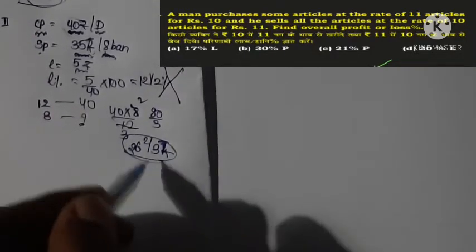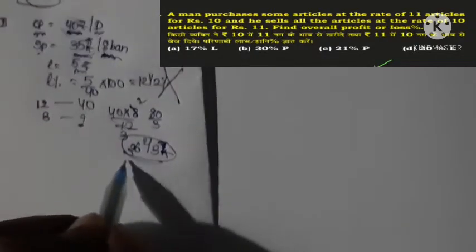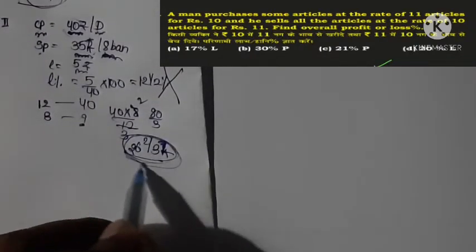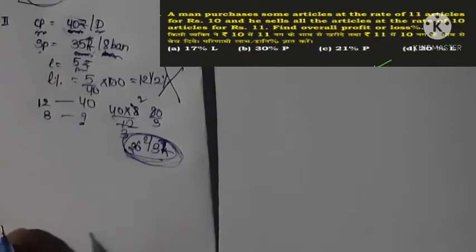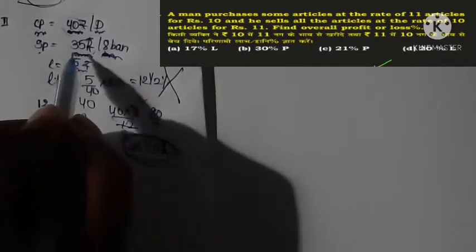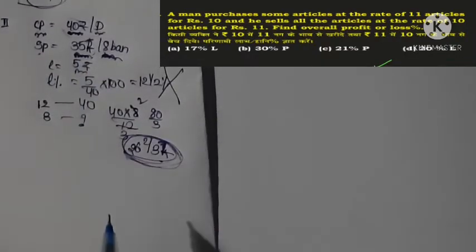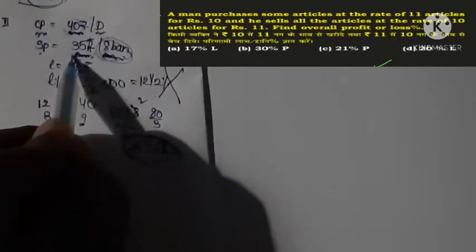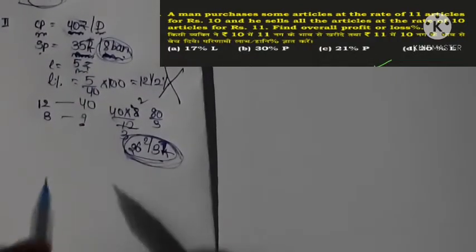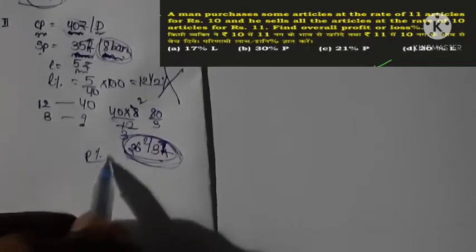Here the cost price of 8 bananas is 26 2 by 3 rupees. Here the selling price of 8 bananas is 35 rupees. Here we will get a profit.